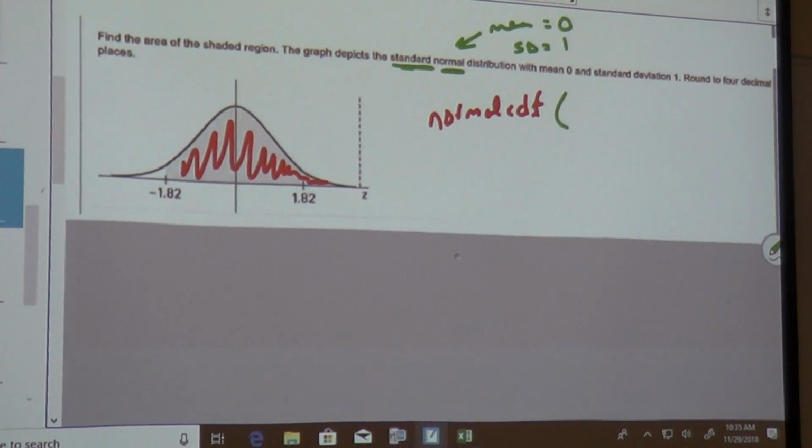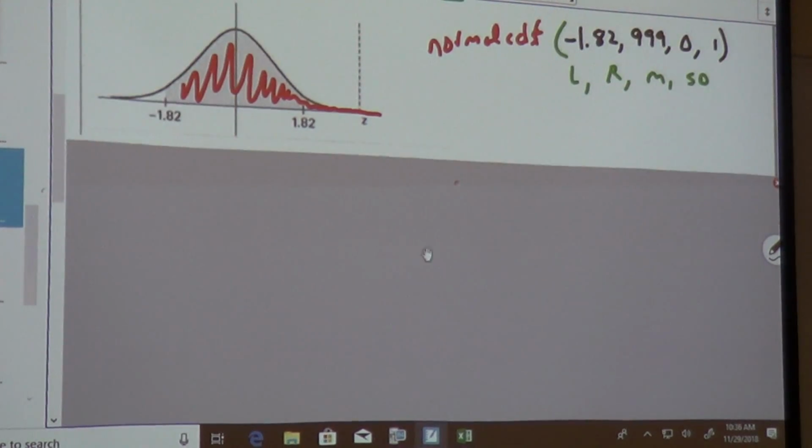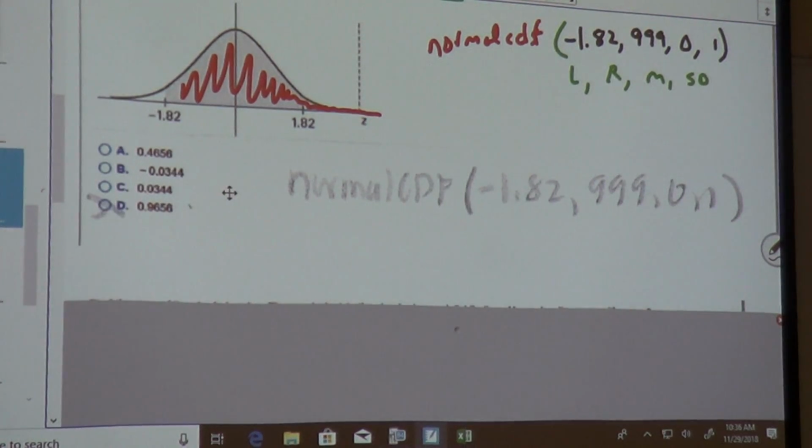Okay, for normal CDF, we do left, right, mean, and standard deviation. What is my left? Negative 1.82. What is my right? 999. What is my mean? 0. And my standard deviation? 1. Okay, got it right there, and I got the answer.